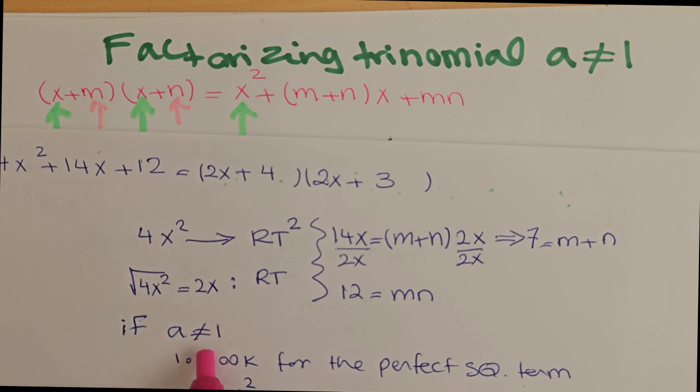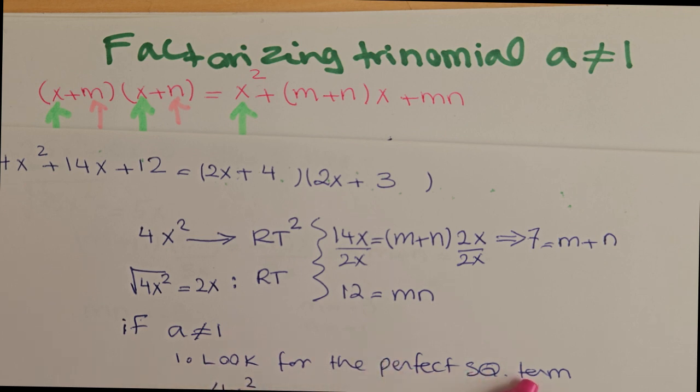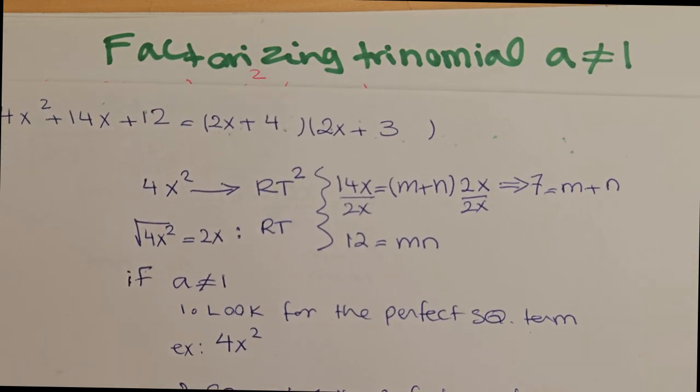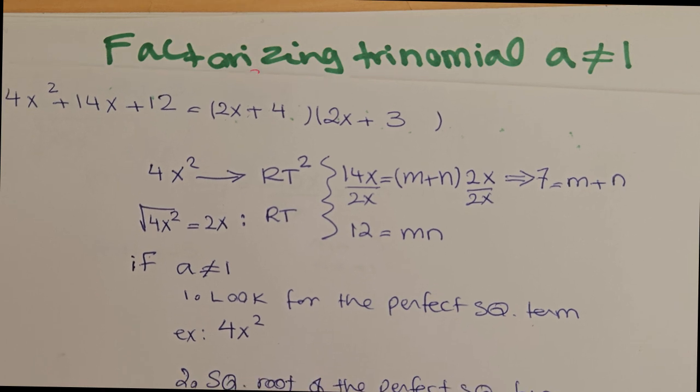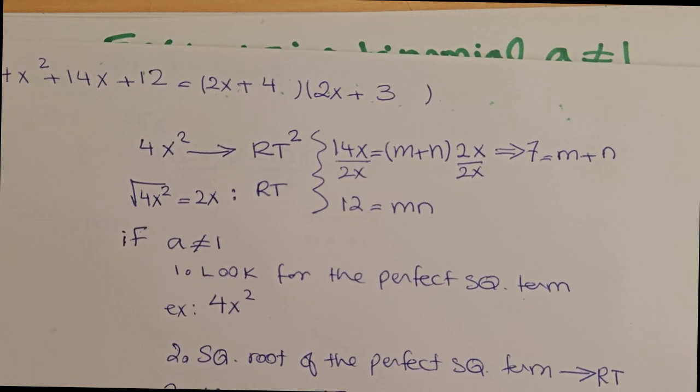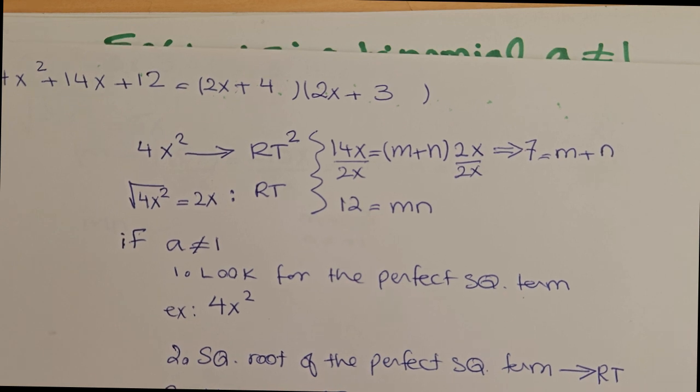If A is not equal to 1, you have to look for the perfect square term. Like here, 4x squared was a perfect square. Then you take the square root of the perfect square term and it gives you the repeating term.